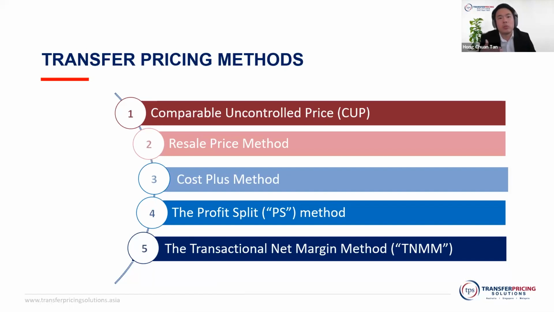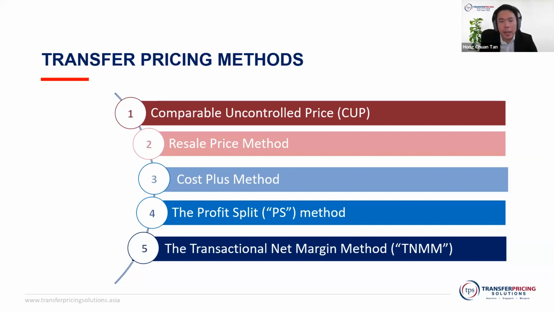So now, come 2023, we've evolved from a hierarchy to actually being considered the most appropriate transfer pricing methods, right? So we have 5 methods here, and that includes for our Malaysian participants as well.